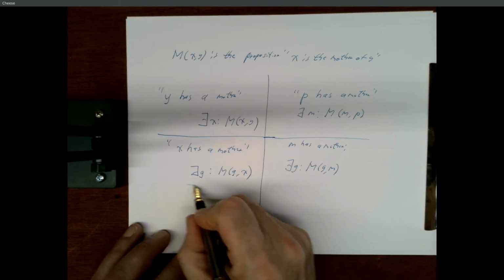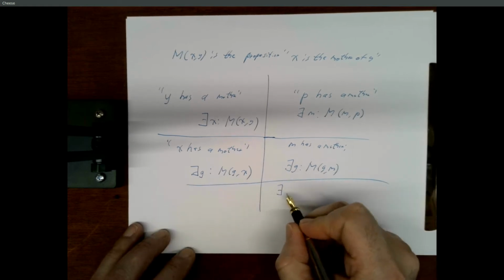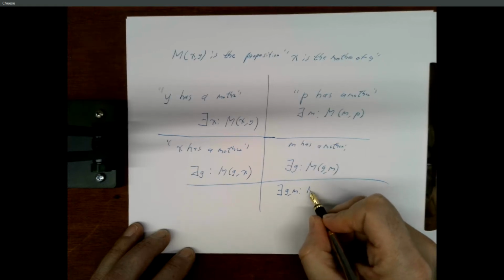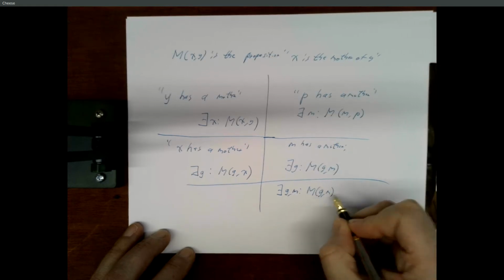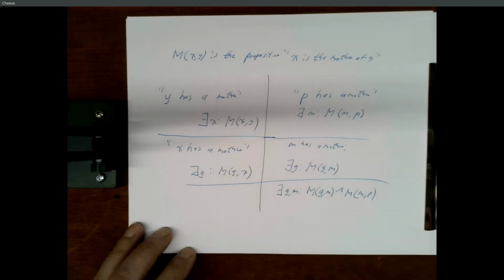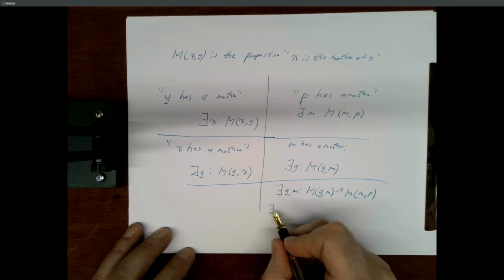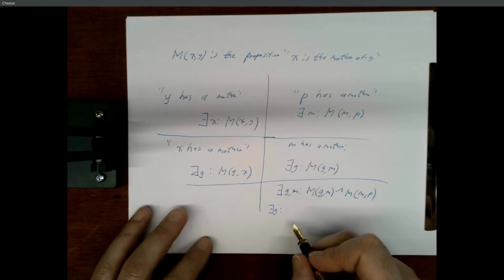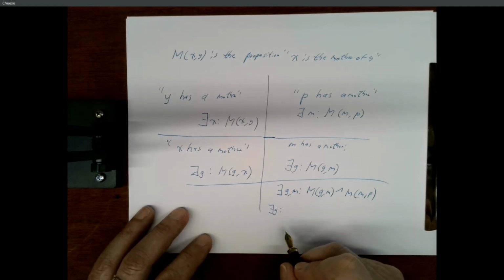Right? So we can write this a few different ways. We could say there exists a G, comma, M such that G is the mother of M and M is the mother of the person. Or there exists a G such that, let's see, can I do this another way?